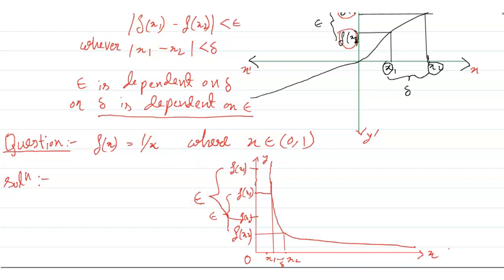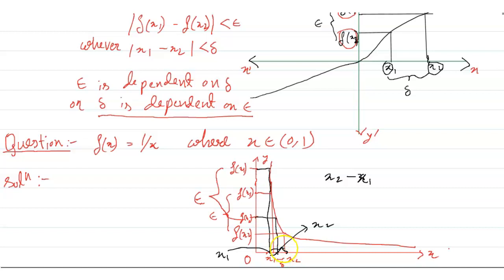Let's see this is x1 and this is x2. According to changing x2 minus x1, this distance and this distance are both different.